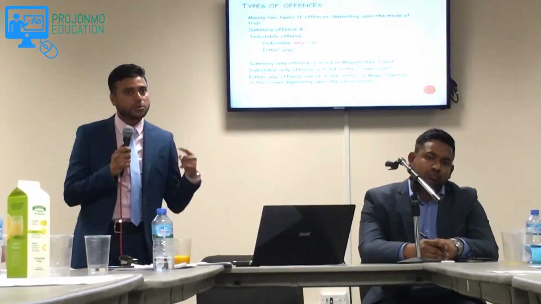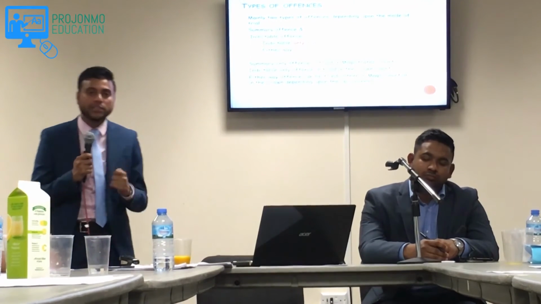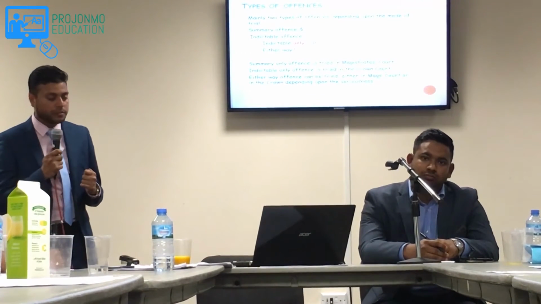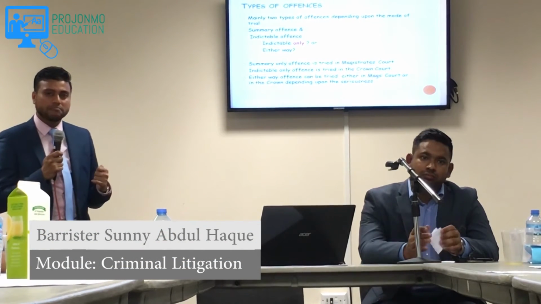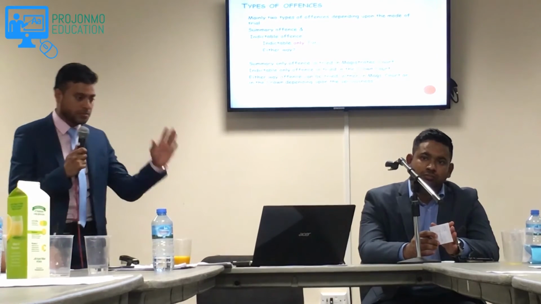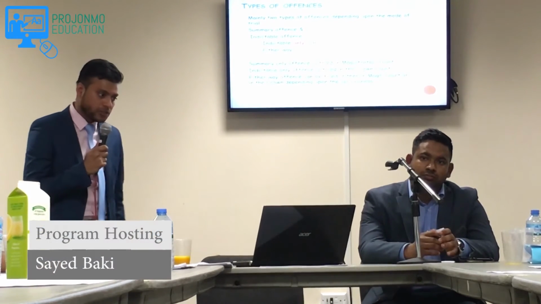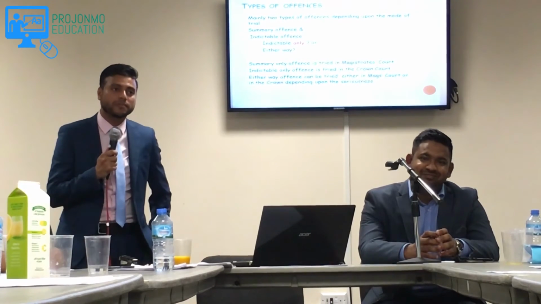Summary offence must be tried in the magistrate's court. Less serious offences. Indictable only offences must be tried in the Crown Court. Most serious offences: murder, manslaughter, rape, or offences along those lines. Now, there is another category in the middle.